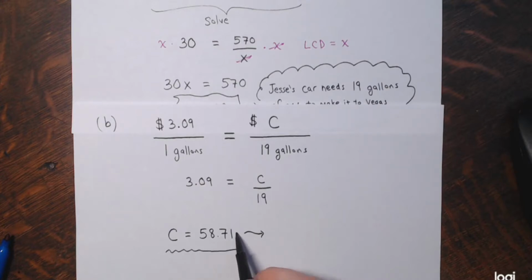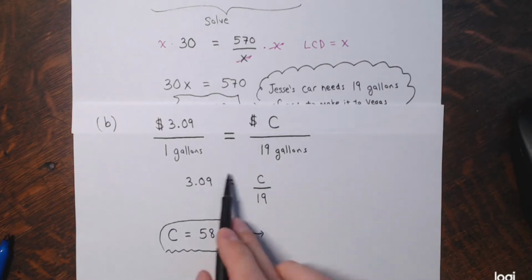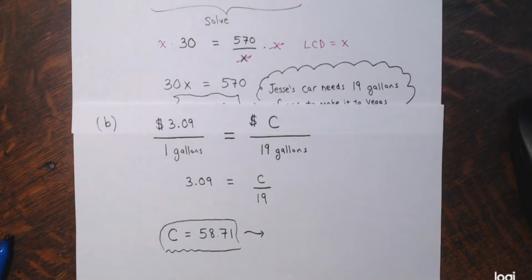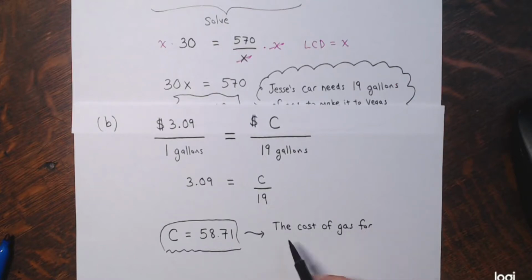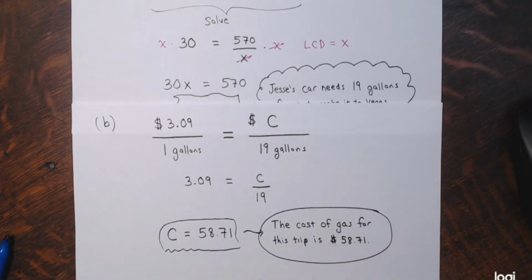Yes, this is the solution of this equation here, but then write out what this means. The cost of gas for this trip is $58.71. You got to put units on it to have it make sense.